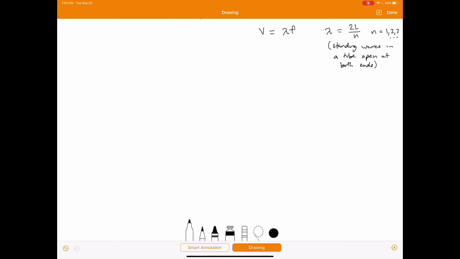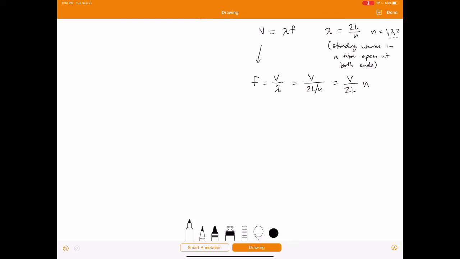Okay, so this question pertains to the frequencies, values of F, which are given by V divided by lambda, or V divided by 2L over N, which we can write as V divided by 2L times N.